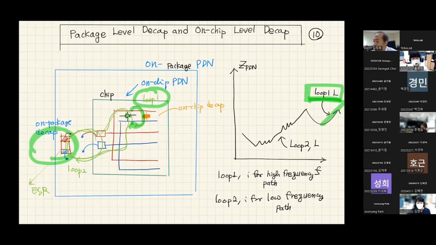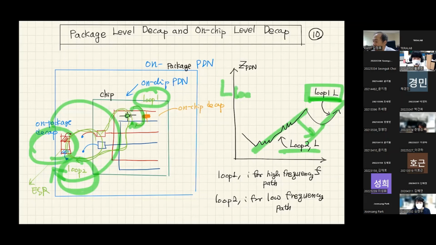So this whole loop, which is much bigger than loop 1, is controlling the loop inductance of the off-chip package PDN. Actually, that is controlling this inductance, loop 2. You remember that there is some distance between loop 2 and loop 1 inductance. That is because loop 2 has much larger inductance. That is the difference between this inductance loop and this inductance loop.